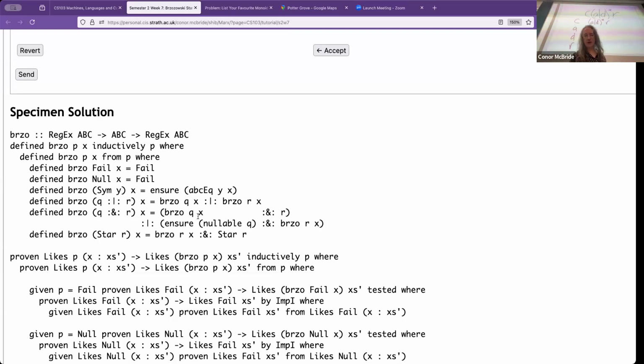Let's do star first, right? So does star R like an X? Well, okay. If it likes an X, then we definitely don't have no R's. The X must be at the start of an R. Correspondingly, we must have the rest of that first R, then some other R's, 0 or more R's that are still fully intact.